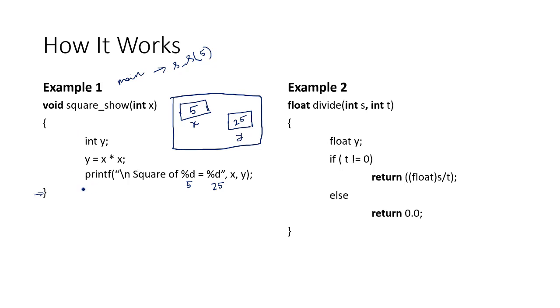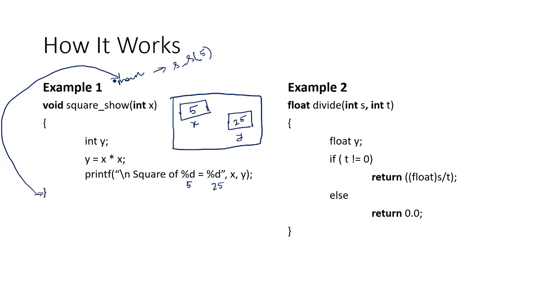From this point, the compiler will understand that there is nothing to do in this function anymore, so it will go back to the calling function. It will go back to the main function and do whatever statement is there in the main function after the calling of the function. This thing will be much more clear to you when we discuss the function call.